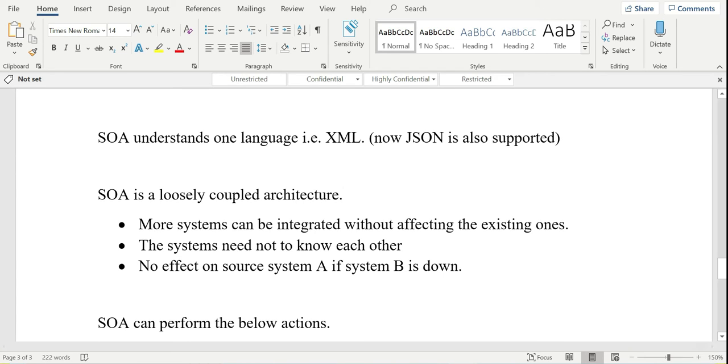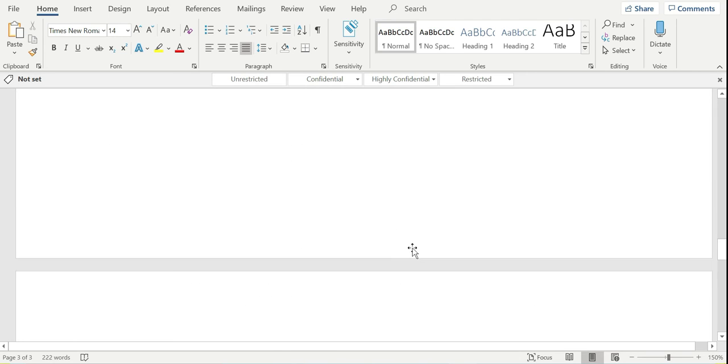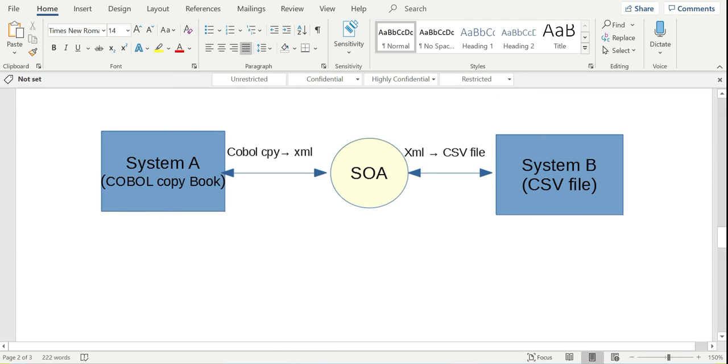Suppose I have another system, system C, that is another target system for system A, having a totally different kind of data structure.